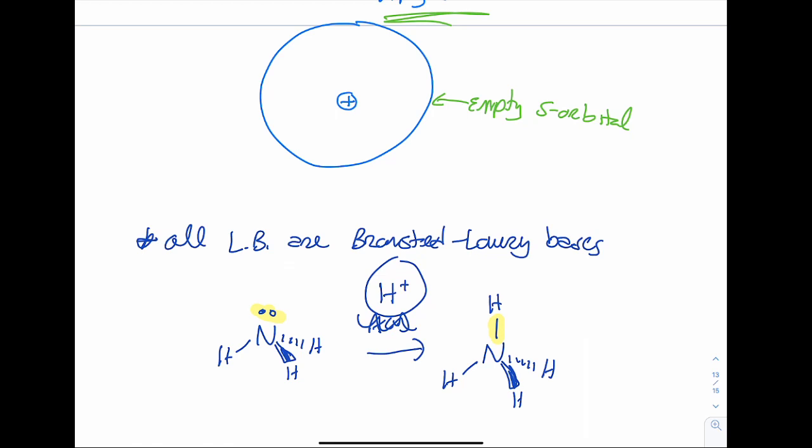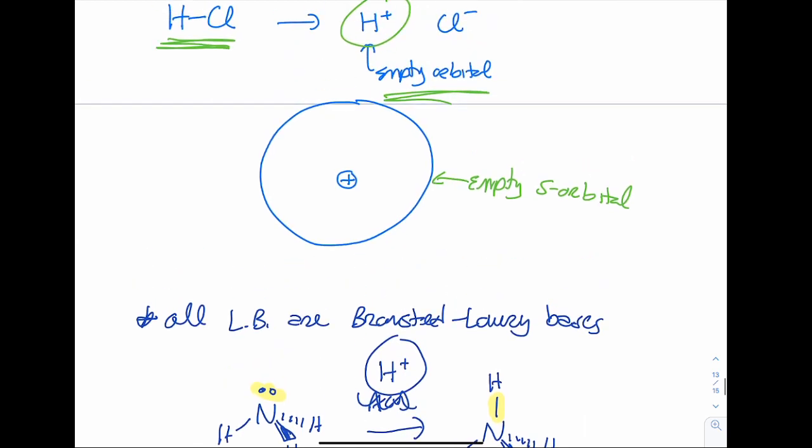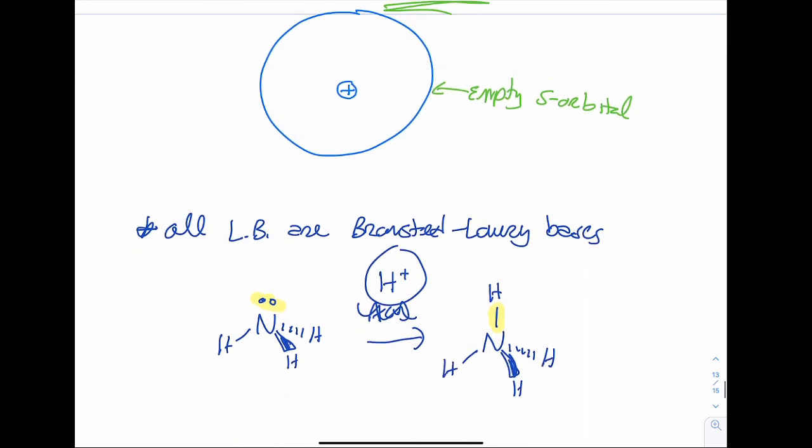H plus is adding to it, right? If we're thinking Bronsted-Lowry, it's going to accept that H plus. That H plus has no electrons, right? We just drew that picture up here. There's no electrons. Remember, bonds are electrons. In chemical reactions, we're forming bonds, breaking bonds. It's all about the electrons. So if a molecule is going to bond to a particle that has no electrons, it better have electrons, right?